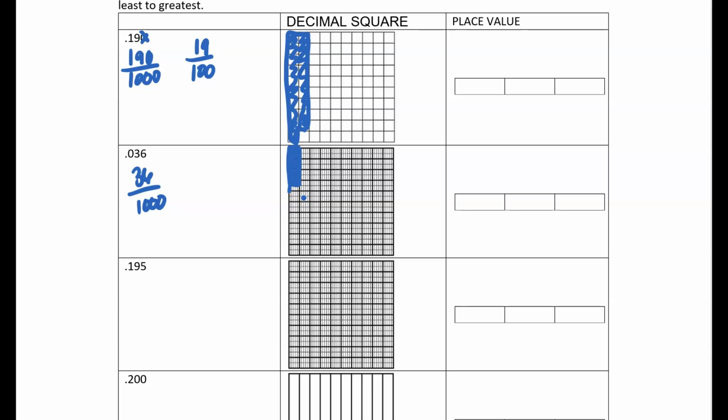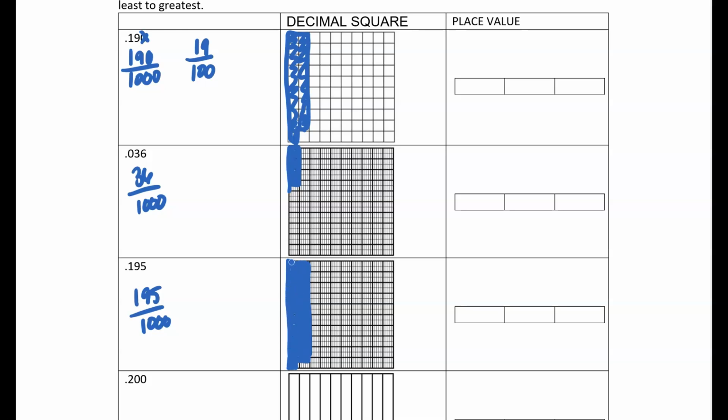So 0.195 would be 195 out of 1,000. So we're going to do 10, 20, 30, 40, 50, 60, 70, 80, 90, 100. So there's 100. And then I'm going to go 9 more. So this would be 190, all the way down here. And then 195 would be that top row.